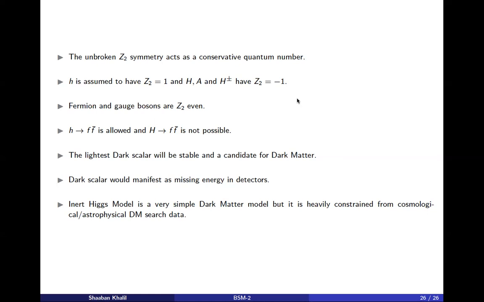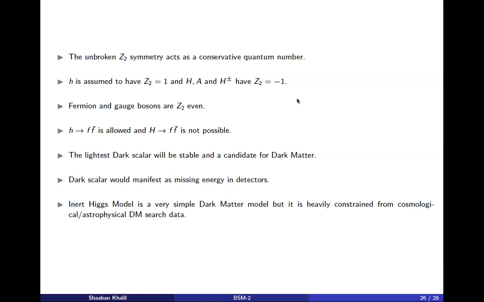So this Z2 symmetry and no vacuum expectation value will make H capital, or H prime, light and stable and inert, not interacting, so it is stable, and this is a candidate for dark matter. So the lightest dark scalar will be stable and a candidate for dark matter.